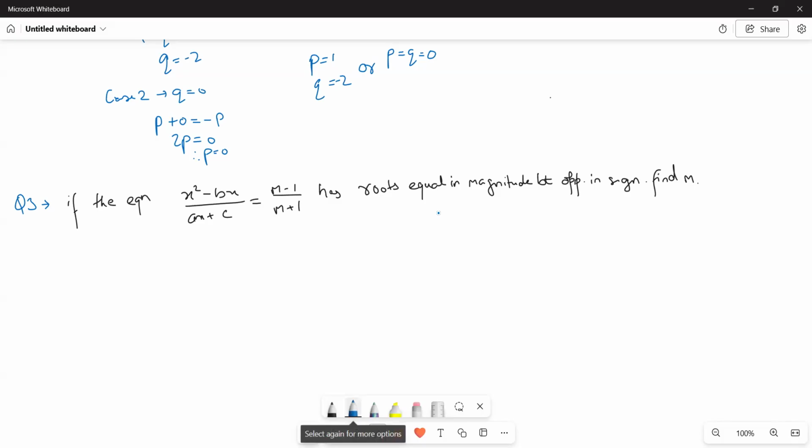What is the condition for the roots to be equal in magnitude but opposite in sign? B of the quadratic has to be 0. So, first things first, we'll have to simplify this expression and get it into the form of a proper quadratic.